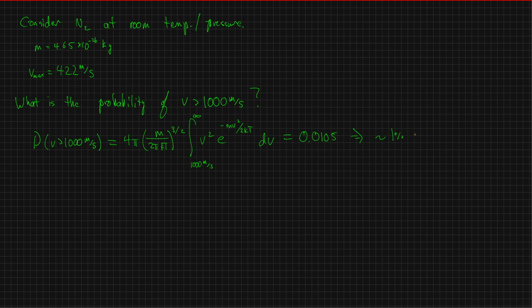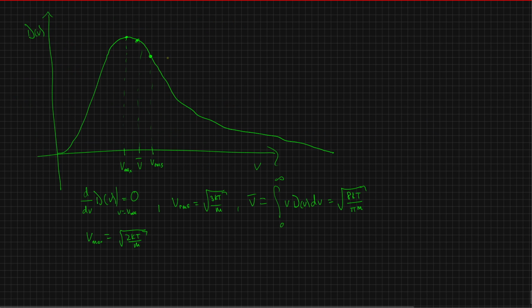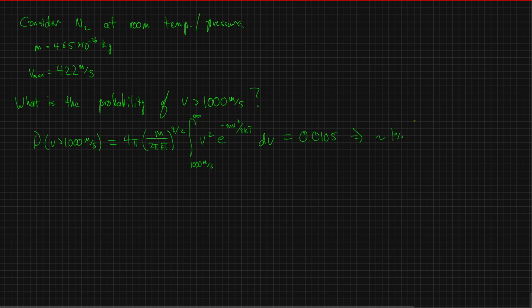So think about it in terms of what's most likely relative to what's less likely, and the best way to do that is to think in terms of this distribution itself. That's an interesting question, Safe. So we found that 1% of the total population will have V greater than 1,000 meters per second.